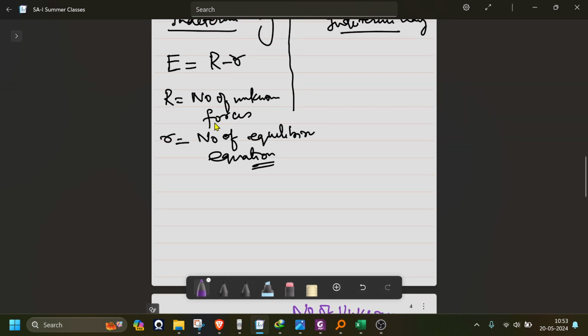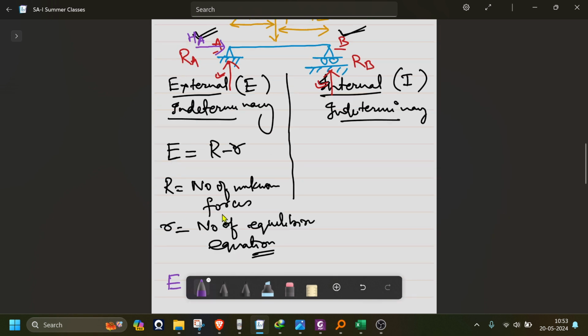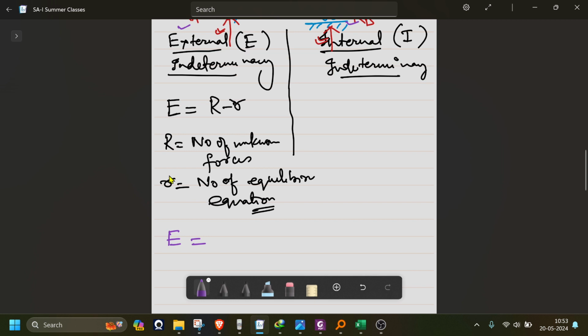So what will be the external indeterminacy for this simply supported beam? E equals to what? Capital R is number of unknown forces. So how many unknown forces we have? HA, RA and RB. Right? So capital R is 3. And what about small r? Small r is the number of equilibrium equations.